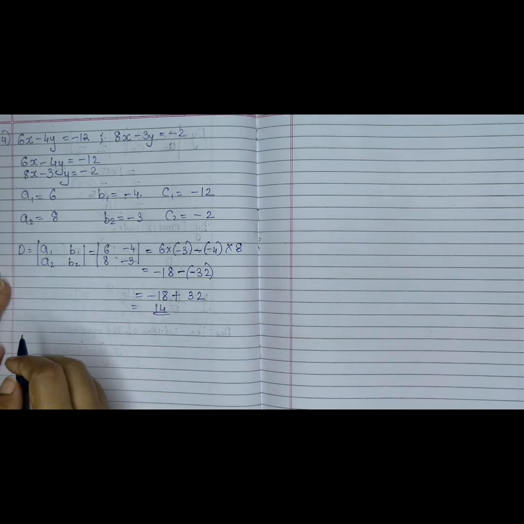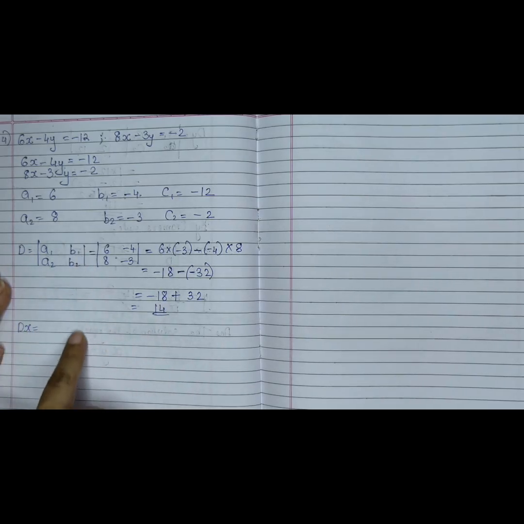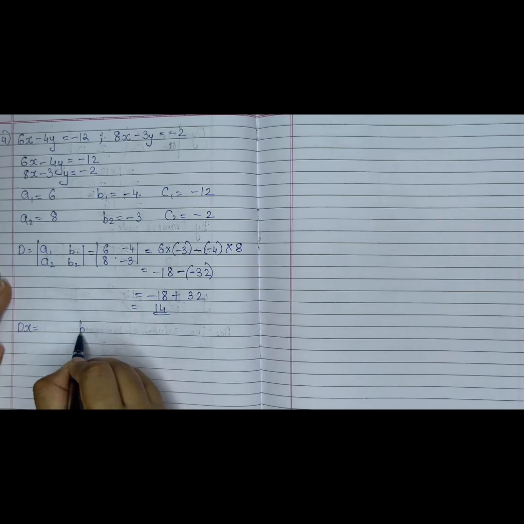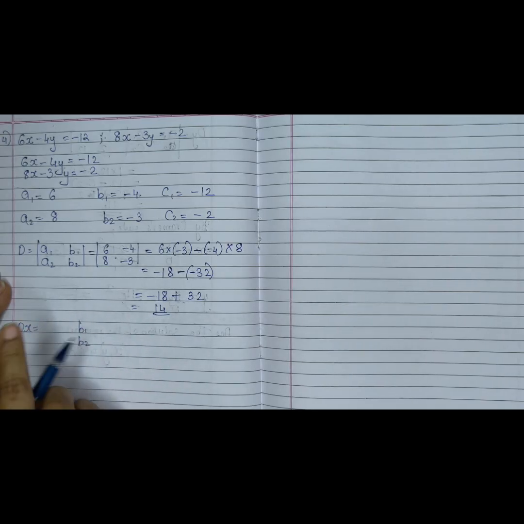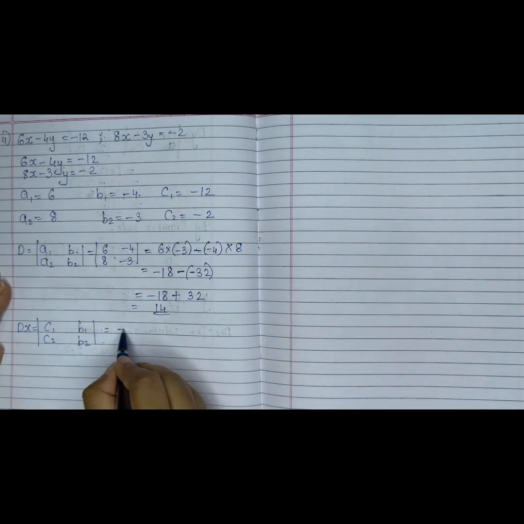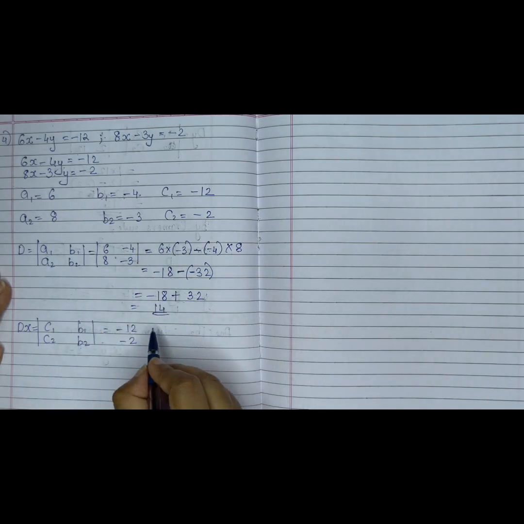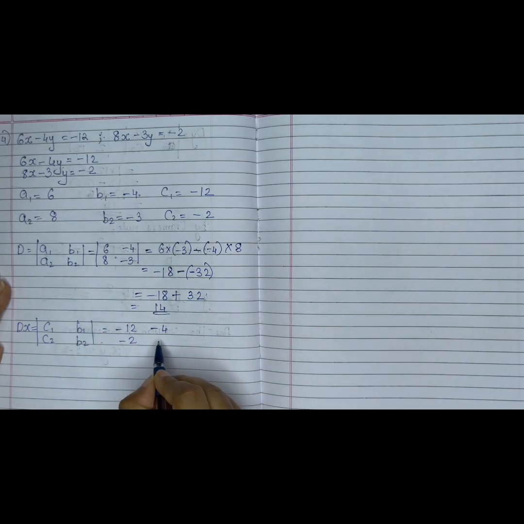Okay. Now after finding D, we will find out dx. Dx, get this same thing down, b1, b2. And here we will put c1, c2. Now c1, c2 is minus 12, minus 2, b1, b2, minus 4, minus 3.